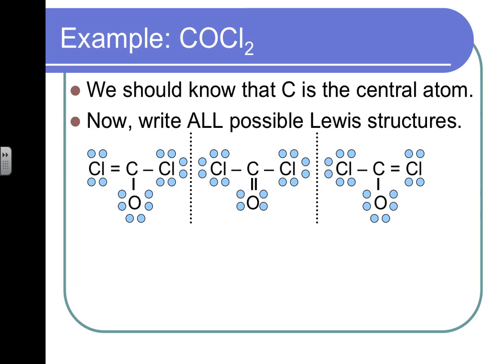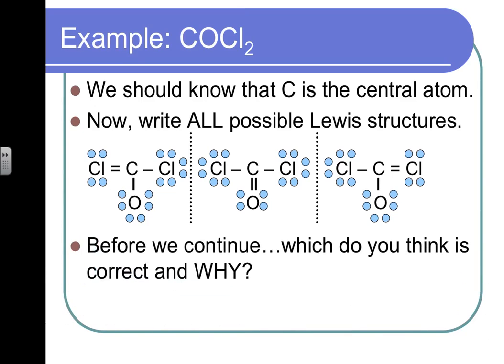And those are all perfectly feasible options. Notice in all cases that the octet rule is upheld for all atoms and everybody's happy. So in all technical realms, each of these would work. But before we continue, which one do you think is correct? Take a second, look at those. Based on rules I've already given you, what do you think is correct?